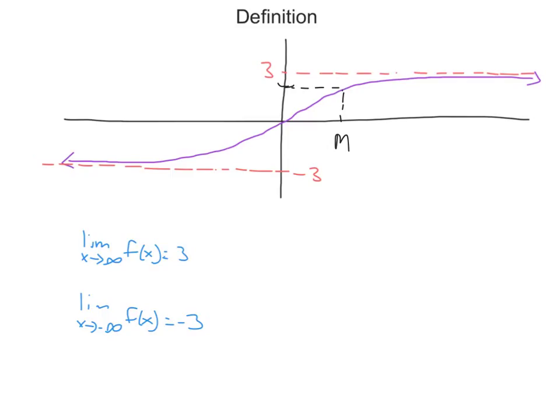What this says is that no matter how small you make this epsilon, that distance from 3 to here, you're always going to be able to go across, hit the curve, and come down and find another m, so that if you are closer to 3, the value it's going to hit is going to be bigger than m. And that same thing is true when you're going off towards negative infinity as well.